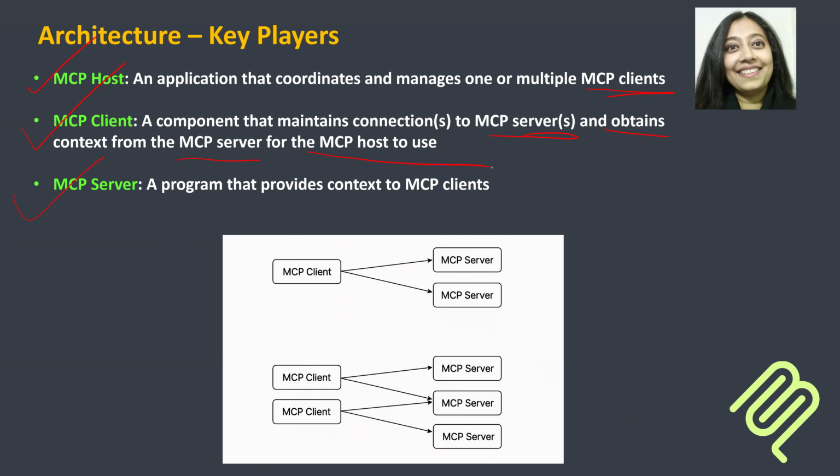An MCP server itself is a program that provides context to MCP clients. So as you see, we have an MCP client, we have multiple servers, and this client is connecting to these two servers. Similarly, two clients and three servers. So these are some of the key players of the MCP architecture.